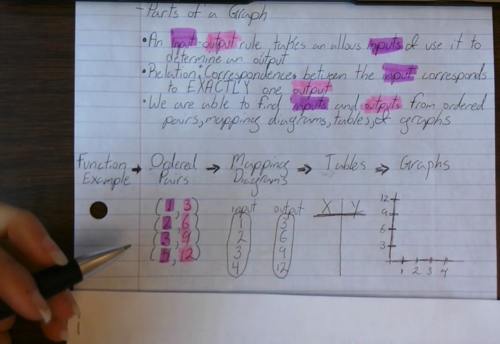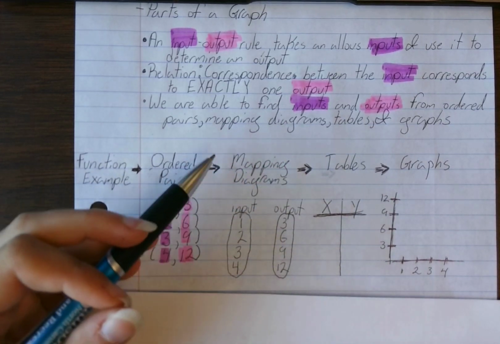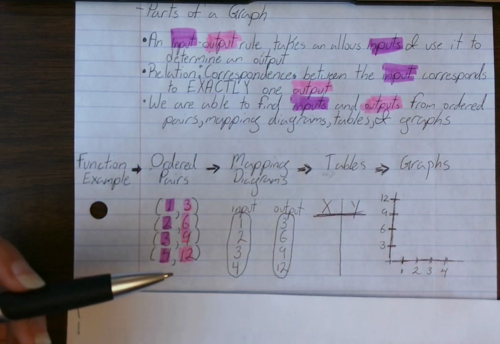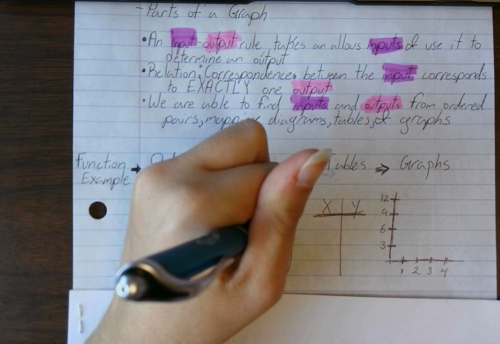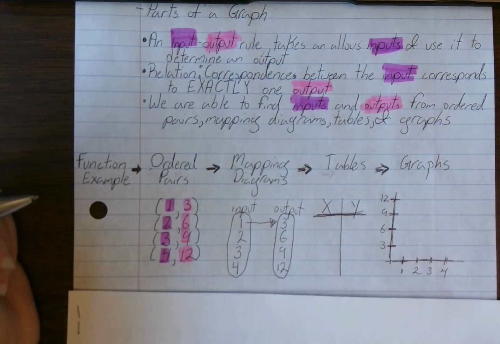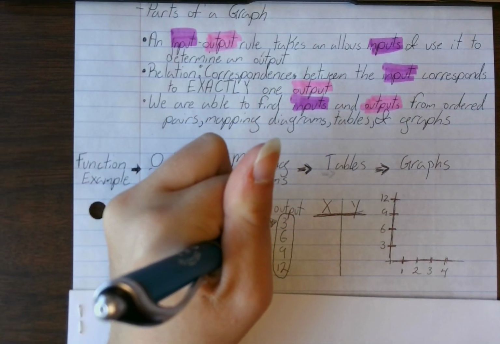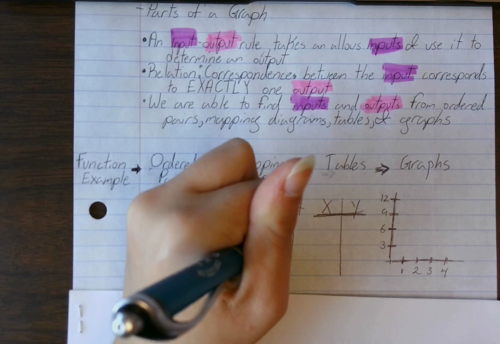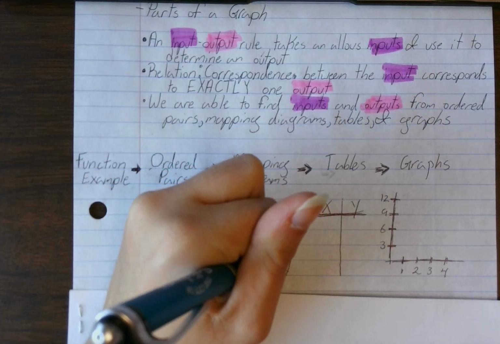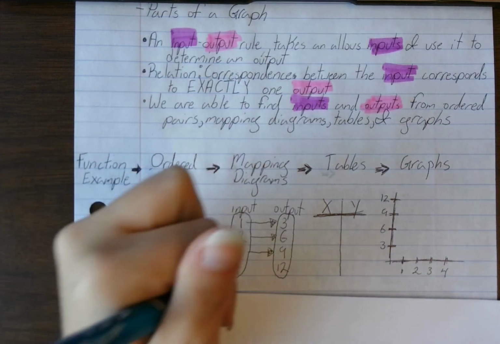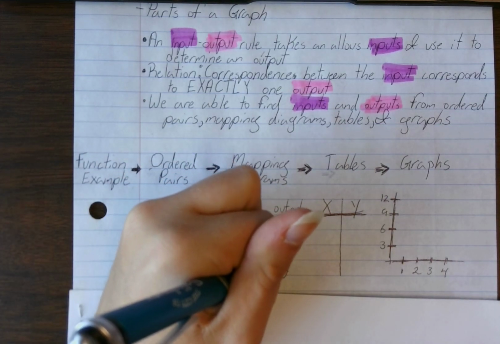Okay, I'm going to draw arrows because it's a map. I need to figure out where my inputs relate to my output. So I can see 1 connects to 3. I see 2 connects to 6. 3 connects to 9. And 4 connects to 12.